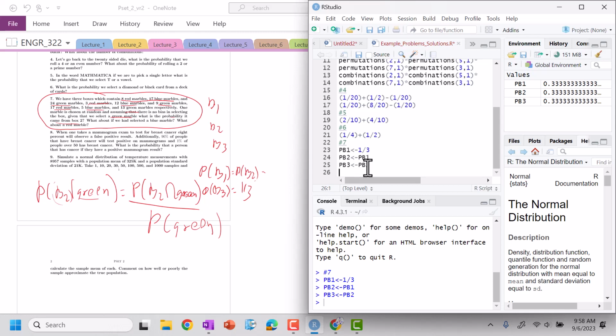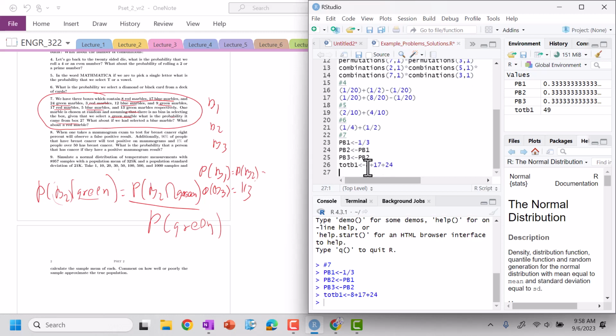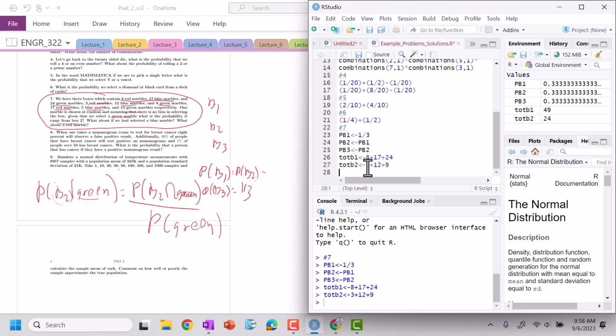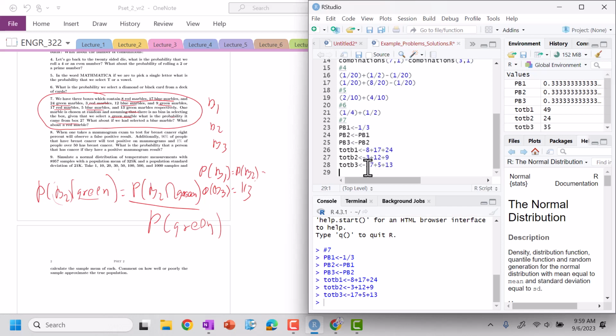Additionally, we want tote B1, the total number of marbles in box 1, which is 8 plus 17 plus 24. Tote B2 is going to be equal to 3 plus 12 plus 9. And then tote B3 is going to be equal to 17 plus 5 plus 13.